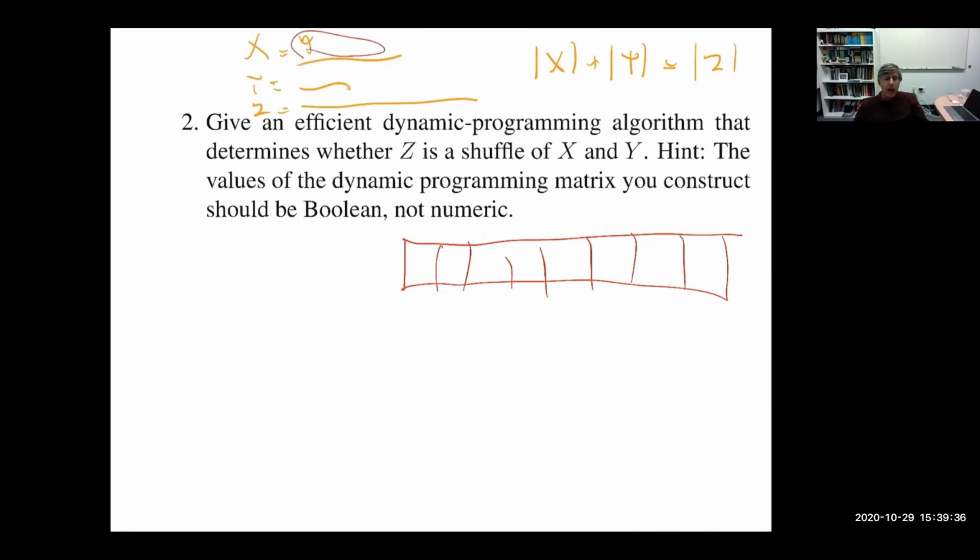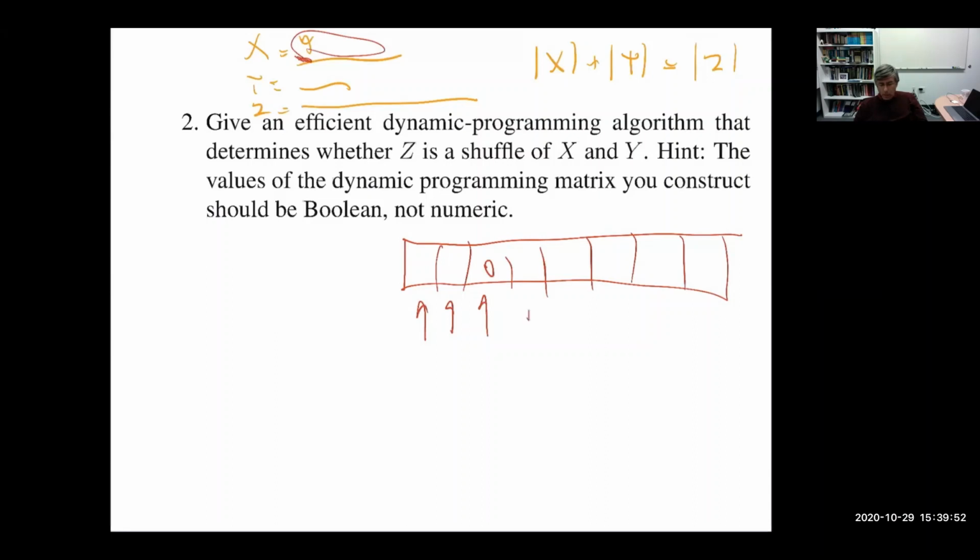Let's say X in particular. And you're going to say, well, if X is going to be in here, then I'm going to find the first letter of X and consider that. And that's now going to match the first letter of my word.